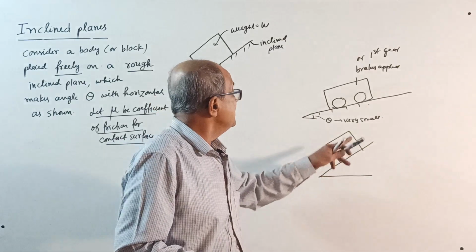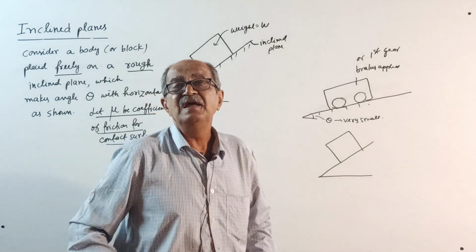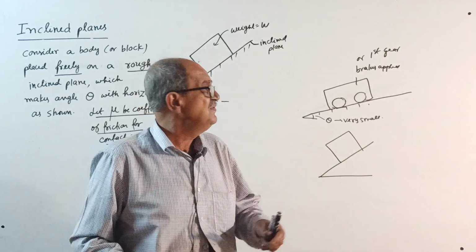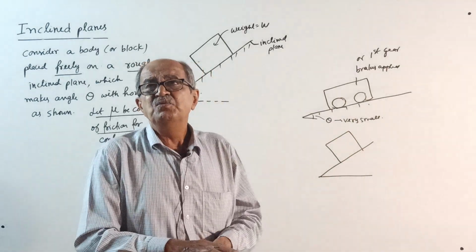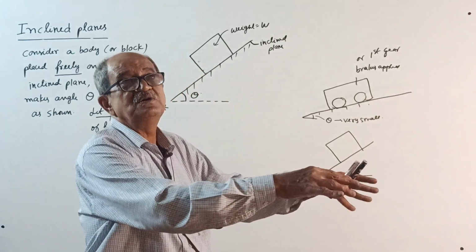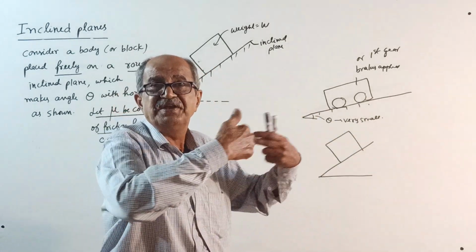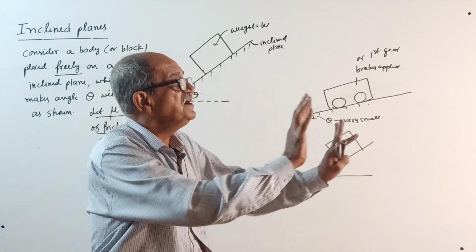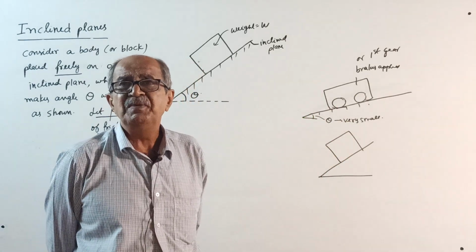Sliding friction is always more than rolling friction. Rolling friction means very small, so if it is rolling, it is very easy to move. Suppose there is a vehicle parked on the road. Wheels are there. Make it neutral, push it, and you can push it very, very easily.